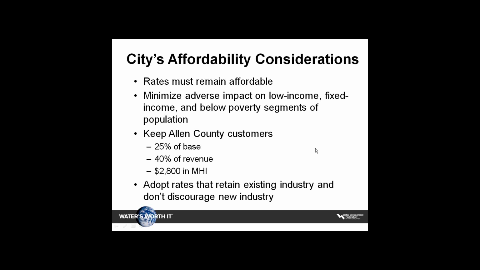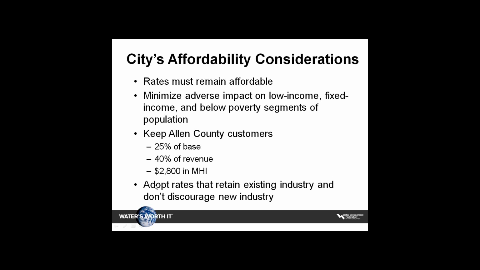And as I mentioned before, Allen County itself has, I'll say, a competitive sewer system, and all of our outside rate base is serviced through agreements with the county commissioners. Those agreements can be terminated, and if we lose that customer base, we would lose 25% of it, 40% of our revenue, with a significant impact to our MHI cost.